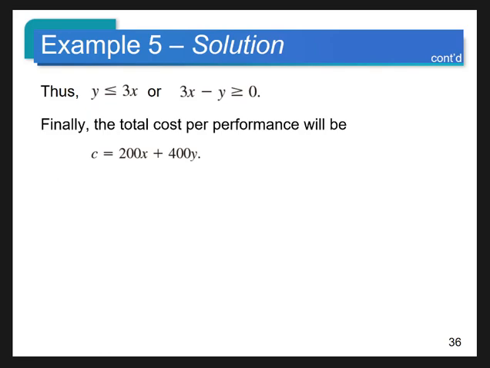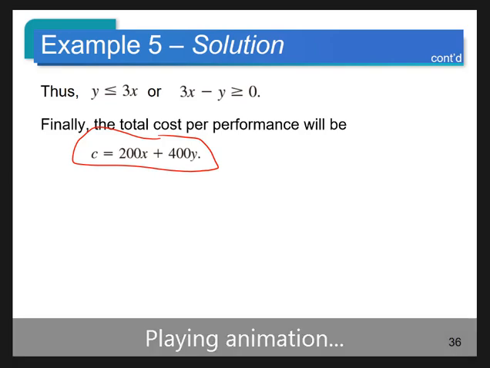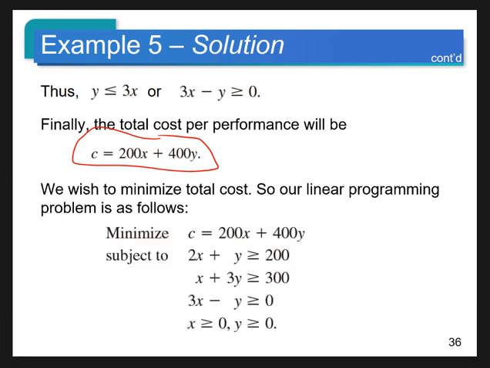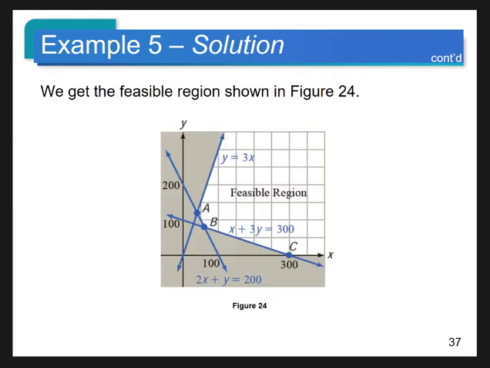Now our objective function here, the cost, is 200 for each violinist and 400 for each bassoonist. So the total cost will be 200x plus 400y. We want to minimize the total cost, so we want to find the smallest value for that objective function C, subject to those constraints.